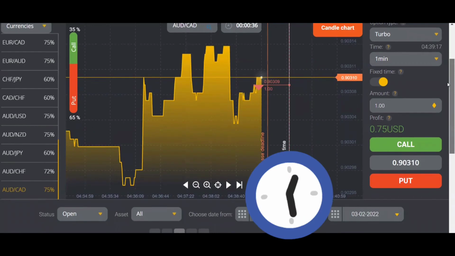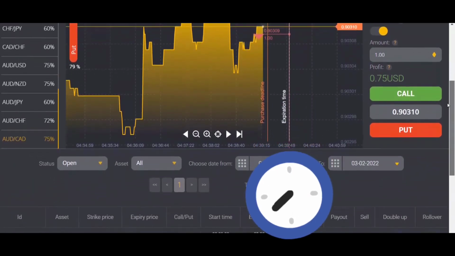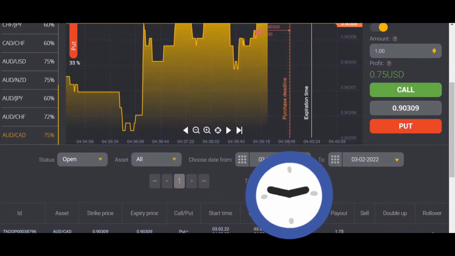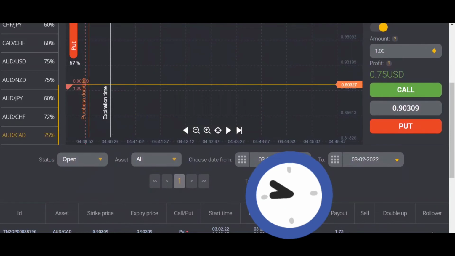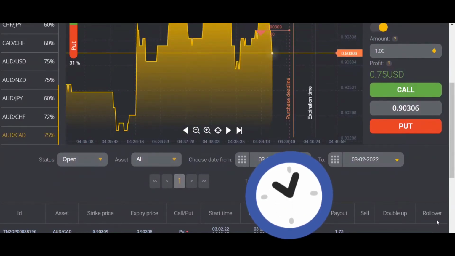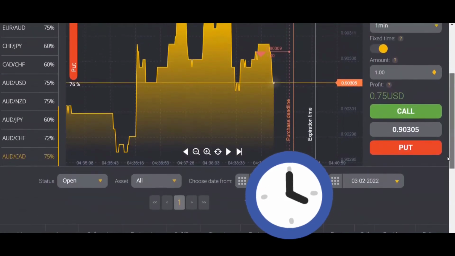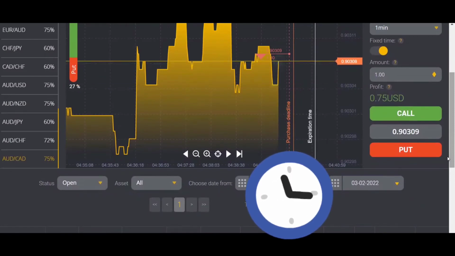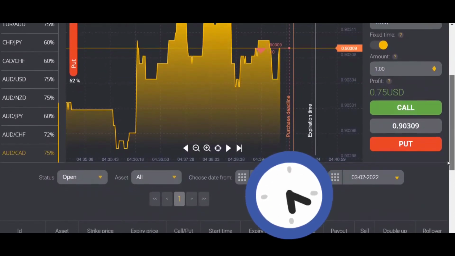Now that rollover function is if it's not going my way, I can roll this over and it adds time. I was going to roll it over when price went above, but it did not allow me.